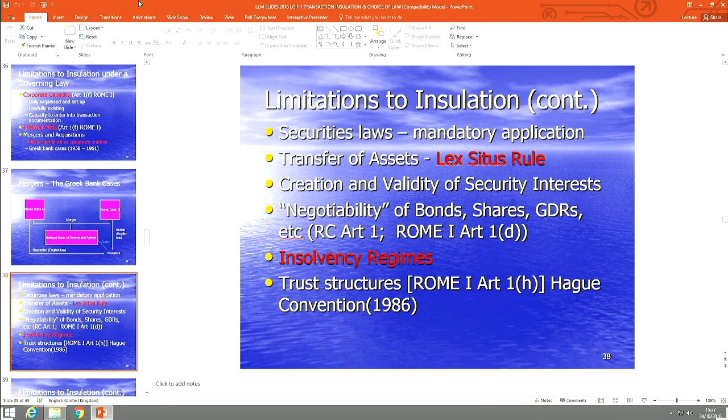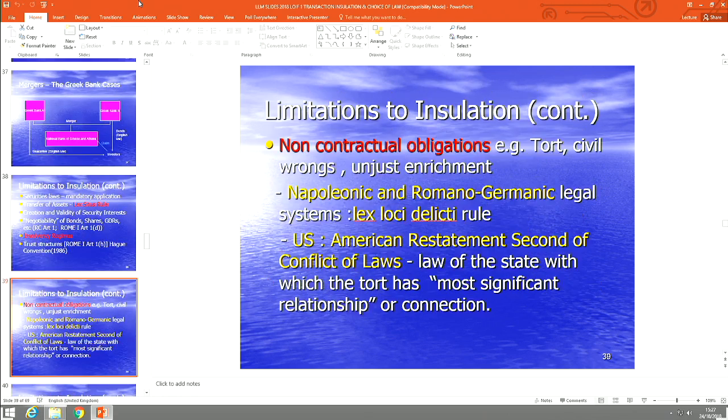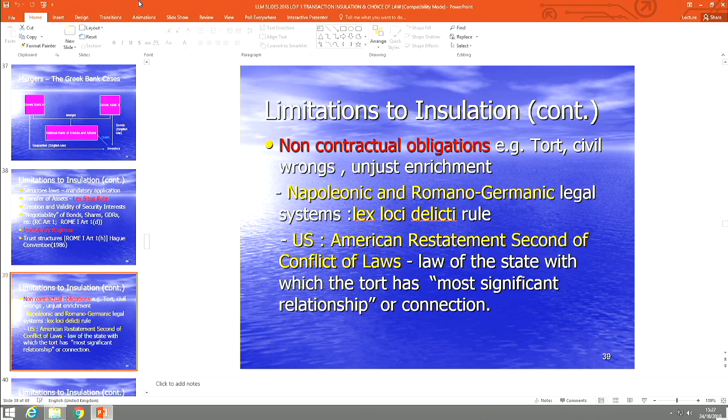So if a counterparty goes insolvent in the context of a transaction, all your beautifully drafted documents with this chosen law simply will be put aside, and all that will matter is the insolvency regime applicable to that bankrupt counterparty. So the point I'm making is that there's a whole number of things which are not controlled by that chosen governing law.